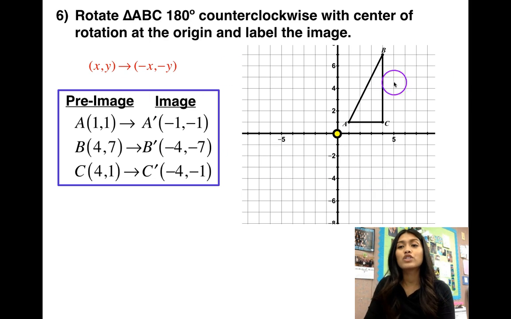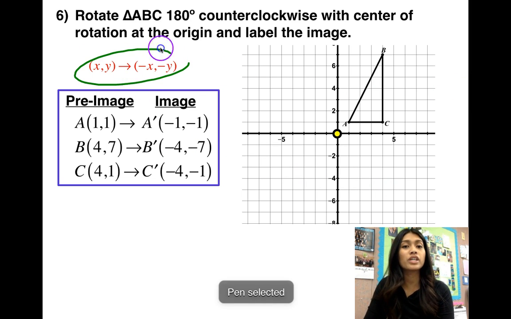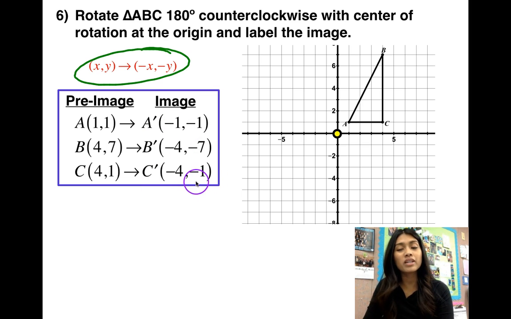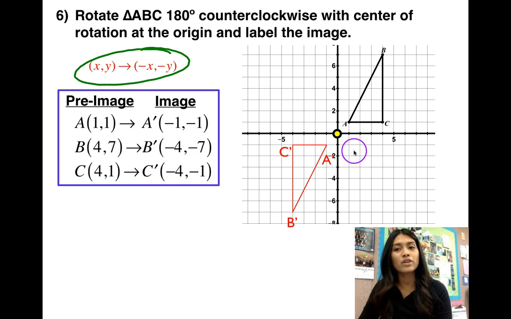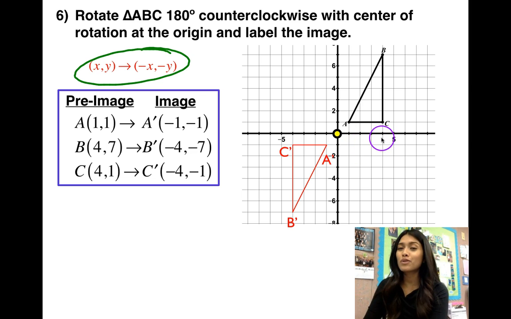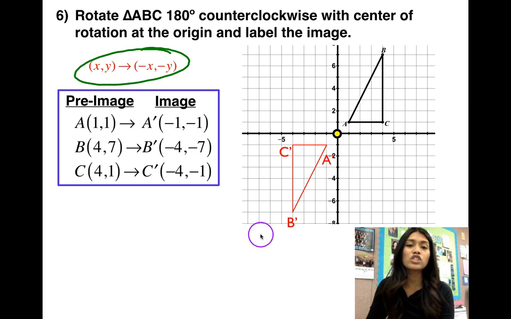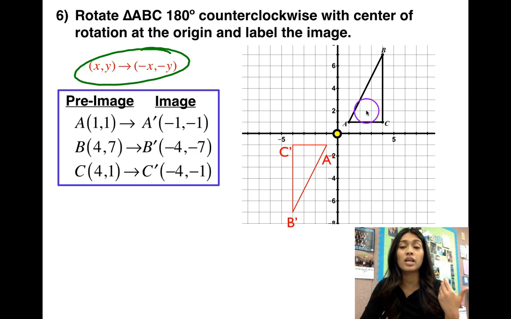So again, we just used this coordinate rule here, found the opposite of x, found the opposite of y to give us our new ordered pairs. Once you have that, graph it onto your graph, and you will see this is the figure after the rotation. Now keep in mind that whenever you do rotations, you should expect the same shape, you should expect the same size.